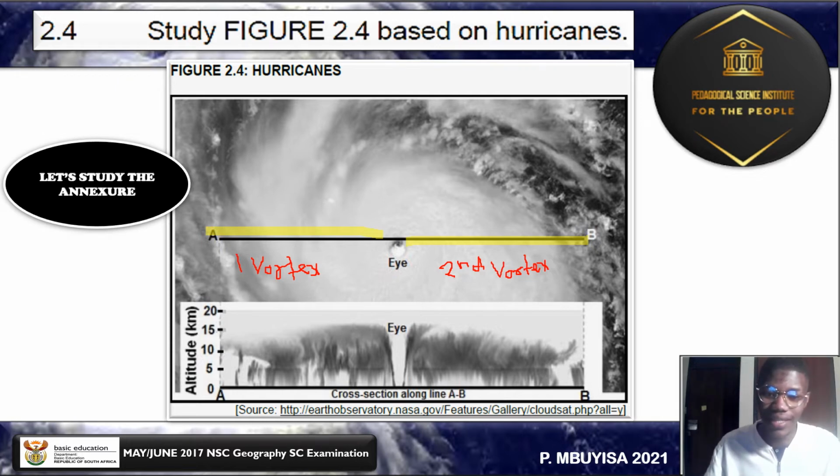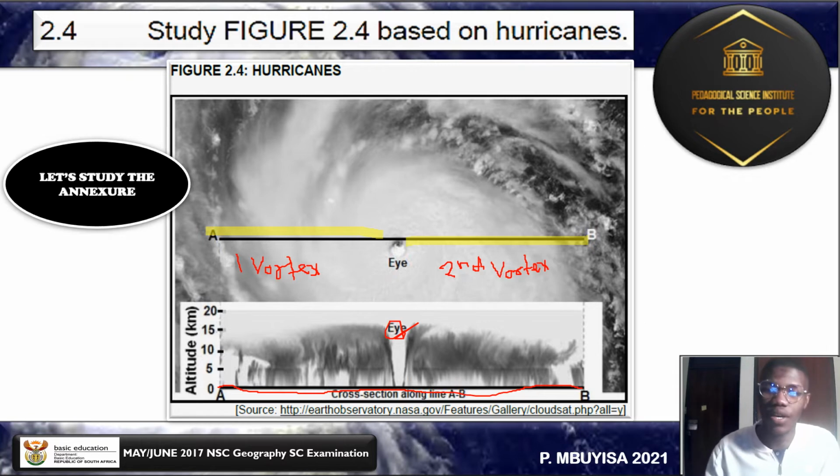Remember that the x-axis is your ocean. So you'll find your ocean over there, and we know that tropical cyclones extend from the ocean going upwards. I hope you understand that, and we know that in some section of the cyclone we'll find our eye there, and you need to know the conditions of the eye and the associated weather.